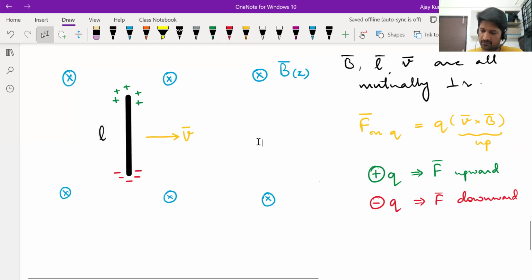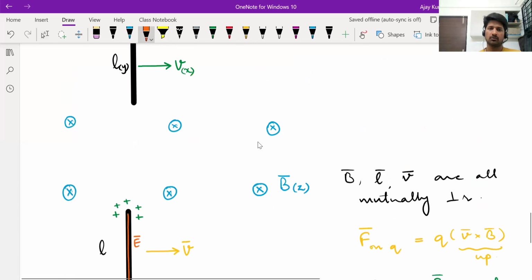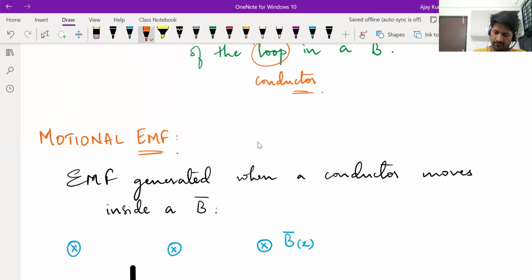If there is a separation between charges, an electric field will develop. Electric field is directed from positive charge to negative charge, so there will be a field directed this way inside the rod. And if there is an electric field, there is a potential difference. That potential difference is what we call motional EMF.